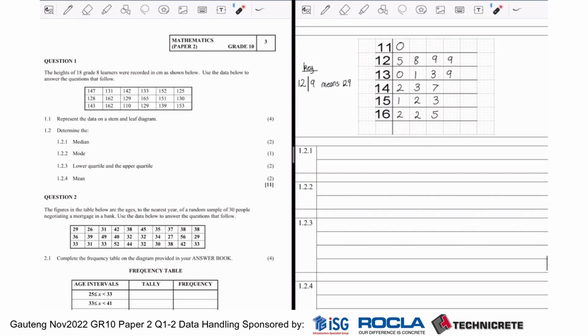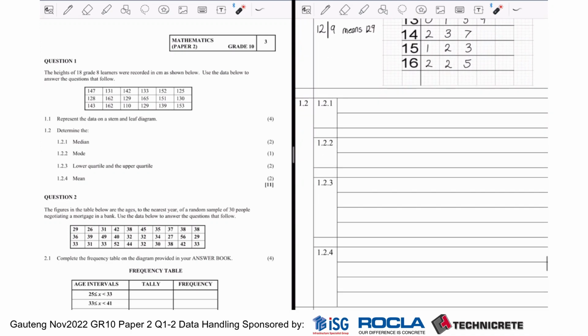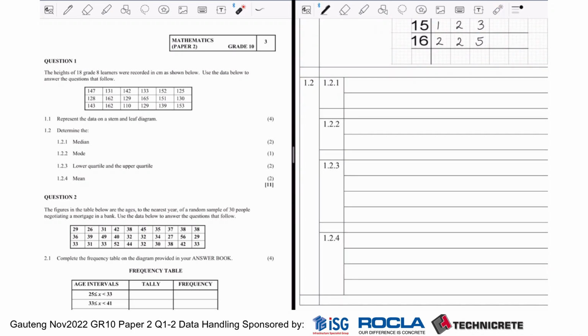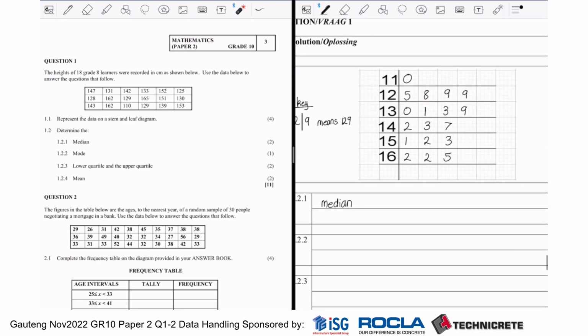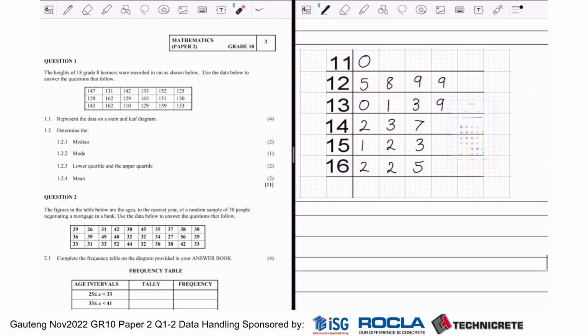Okay, then the next questions, 1.2, are asking for the measures of spread. So for the first one, we want the median. And the median is going to be the middlemost number. So starting from the smallest number and the biggest number, I'm going to cross these out until I meet in the middle.